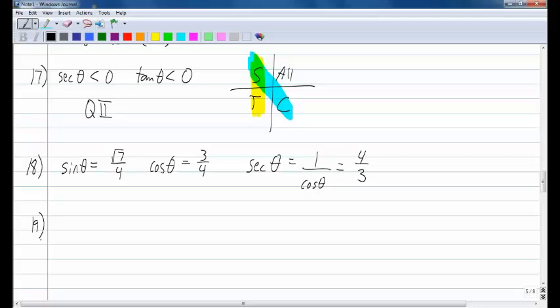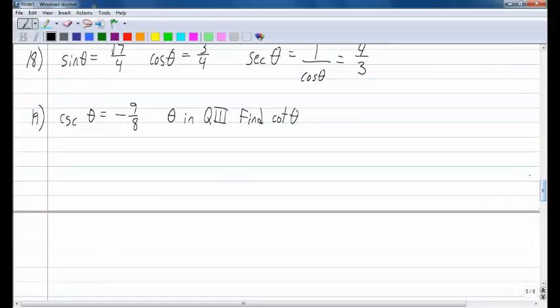Number 19. Cosecant of theta is equal to negative 9 over 8. Theta is in quadrant 3. Find cotangent of theta. Alright, so it tells us we're in quadrant 3. So we're down here.